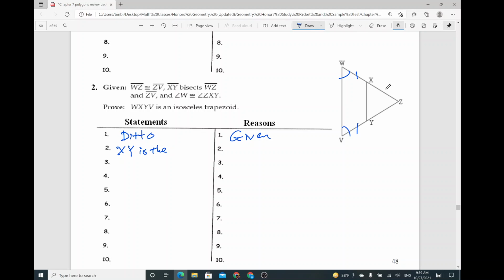So that means we can show that these two line segments are congruent to each other. If XY is the bisector of WZ, we can say that XZ is congruent to WX. And this one is by the definition of a segment bisector.